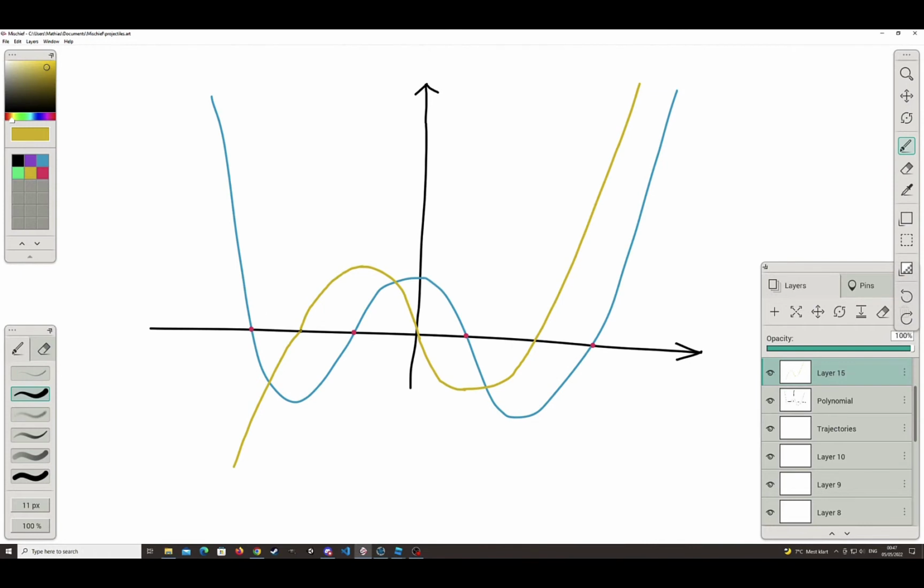Now, if we look where this derivative polynomial hits the x-axis, you'll see that it actually corresponds with the peaks and valleys of the original function, right? Now, interestingly, these points right here actually encapsulate the points of the original function, the roots.